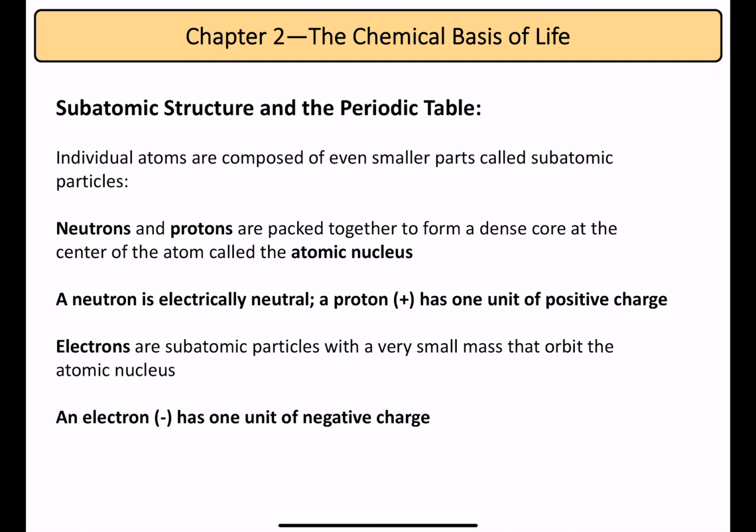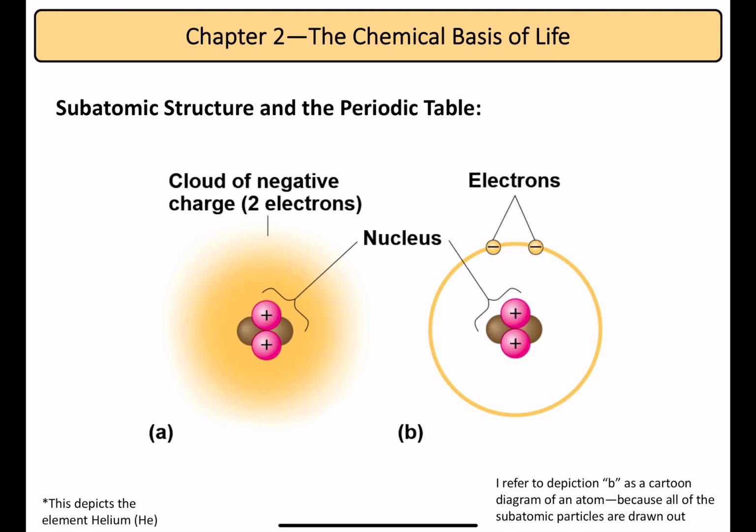And so neutrons, these are subatomic particles that have no electrical charge. They're neutral. Each proton has a single unit of positive charge, +1. And then surrounding the protons and the neutrons are the third type of subatomic particle, the electrons.